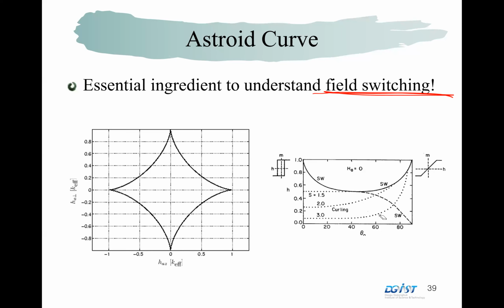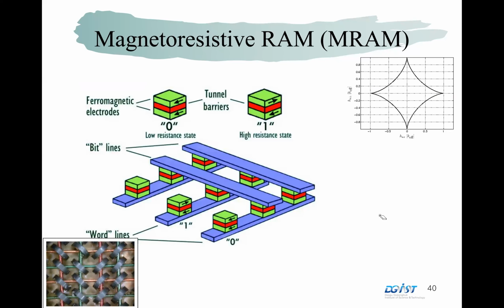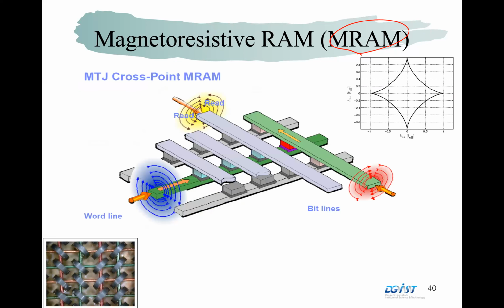And this is also very important in the application of MRAM. I very briefly mentioned this magnetoresistive RAM, random access memory. If you want to switch, for example, this cell, we send current in this direction and this direction together.